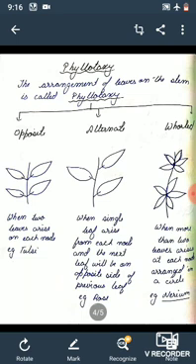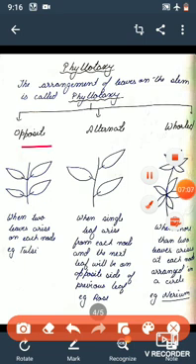Okay. Now the phalotaxy. What is phalotaxy? The arrangement of the leaves on the stem is called phalotaxy. Okay, how leaves are arranged on the node of a stem, that is the phalotaxy. So phalotaxy basically of three types: opposite, alternate and the whorl type. Okay. So what is first one?